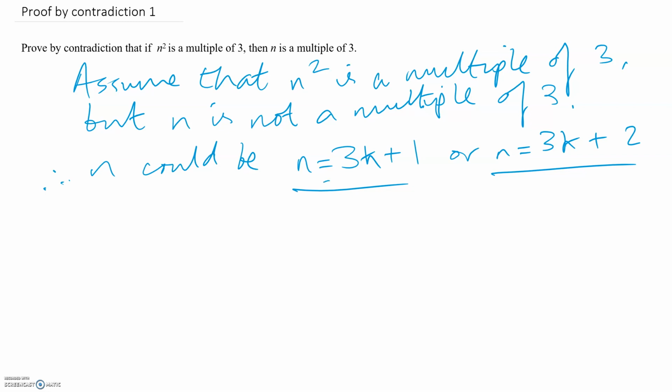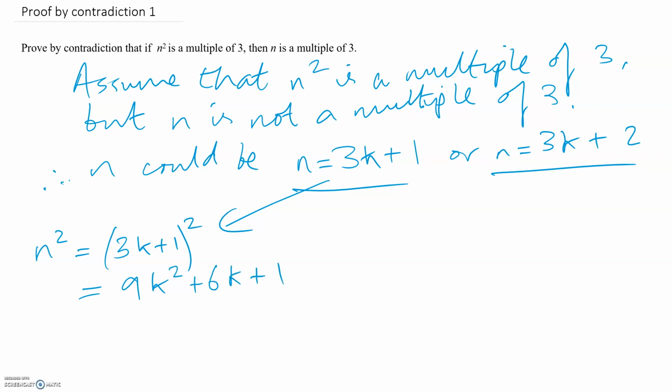So if we take this one first of all, then n squared would equal (3k plus 1) squared. And if you expand that, you'll get 9k squared plus 6k plus 1.